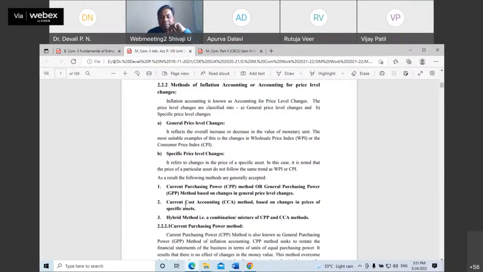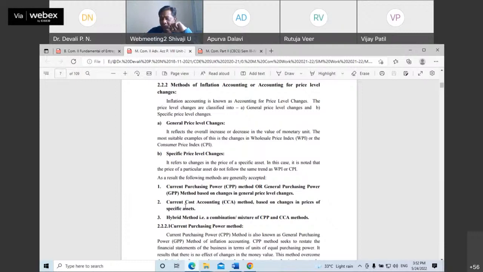Generally, after corona or any other situations, what is happening? See the number of changes that we are facing in the economy. And that is why certain assets or certain types of commodities may increase. So we find changes in the price level in certain specific assets also, and these particular assets do not follow the same trend of the WPI and the CPI, that is the wholesale price index and consumer price index.